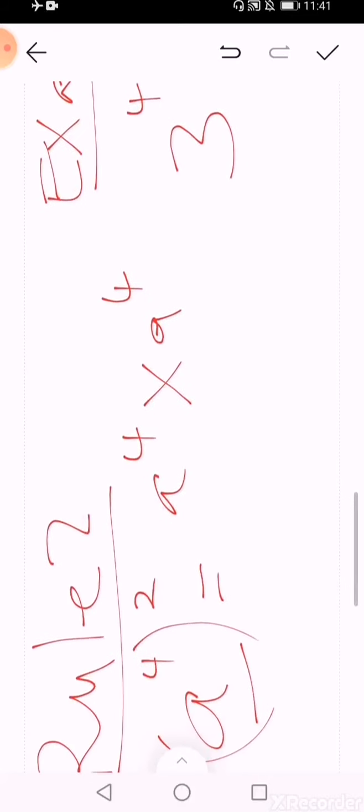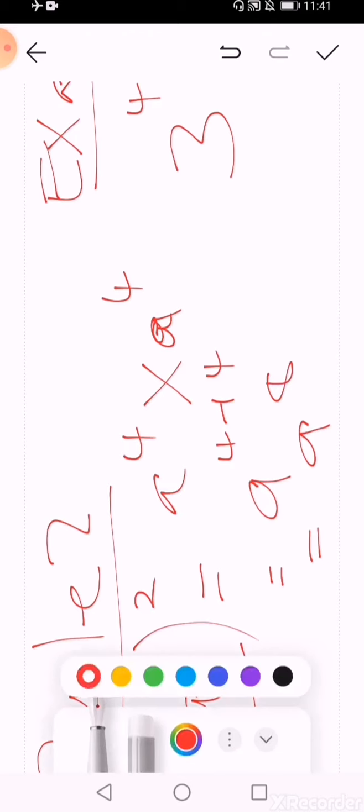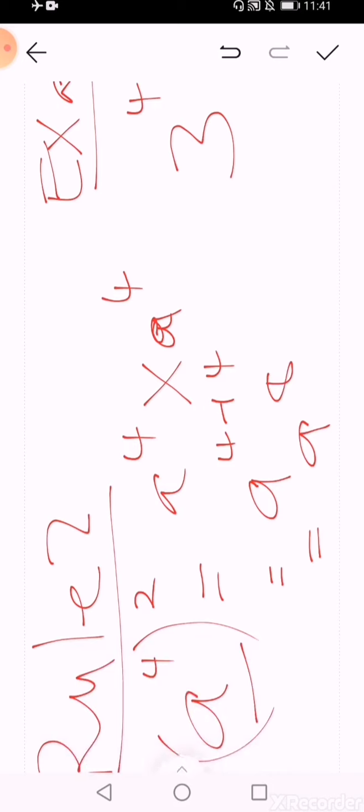Now we have a to the power 4 times a to the power 4. So this is going to be a to the power 4 plus 4, which is a to the power 8. I want you to look at the relationship between this number 8 and the others. To get 8, we simply multiplied 4 and 2.